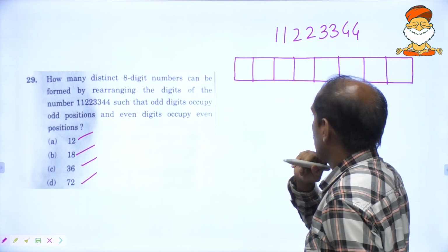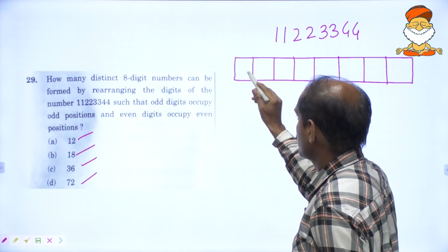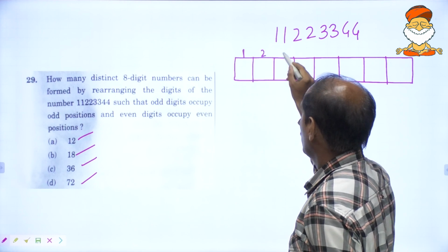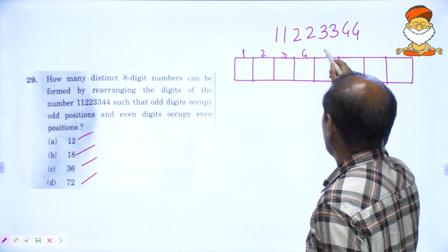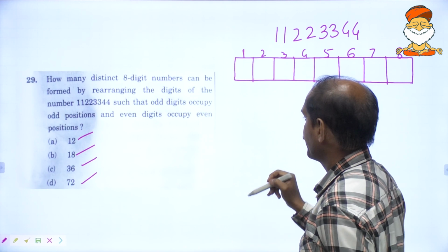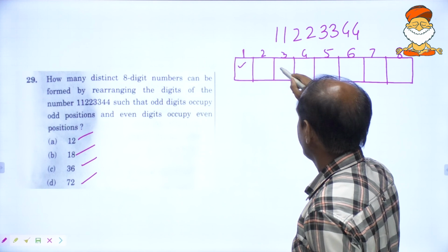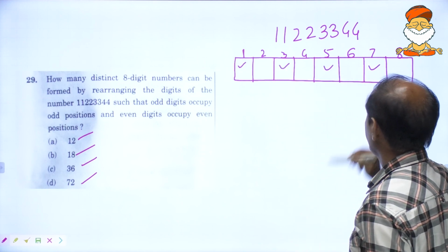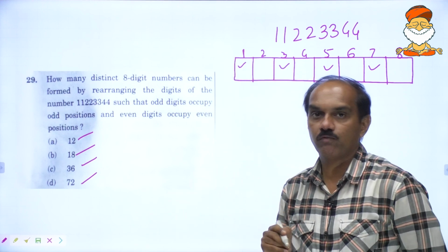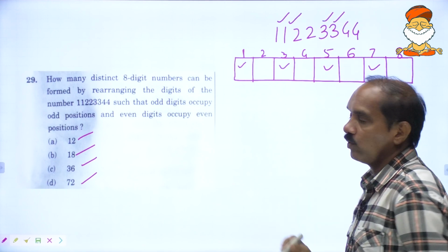Okay. So now, which are the positions? Let us check the positions. This is 1, 2, 3, 4, 5, 6, 7, 8. Odd positions, these are all odd positions: 1, 3, 5, 7. Here, you will have to fill up the odd digits only. Which are the odd digits with us? 1, 1, 3, 3.